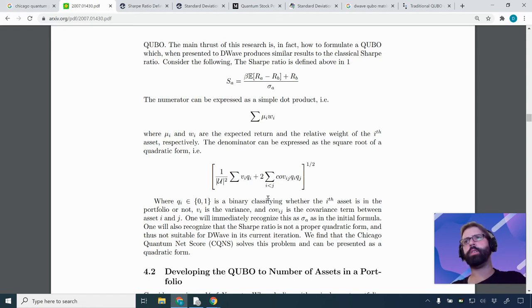And so as you're solving a QUBO like that, the QUBO solution is basically you're trying to find something that minimizes the energy, right?